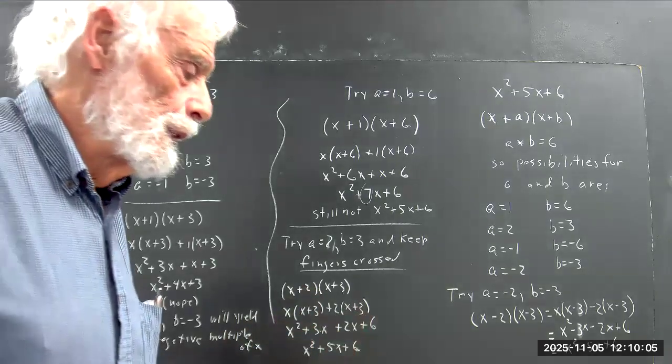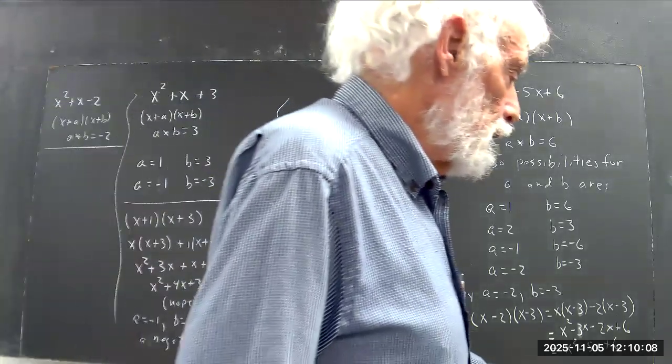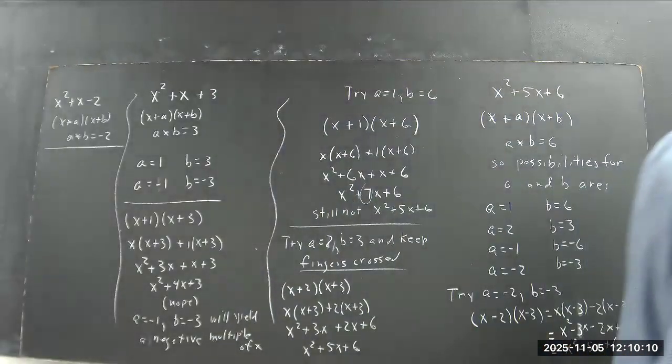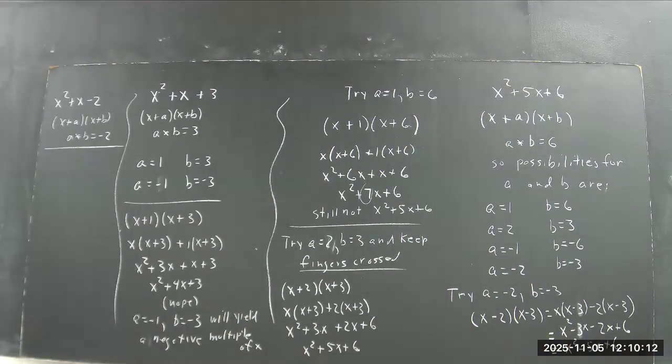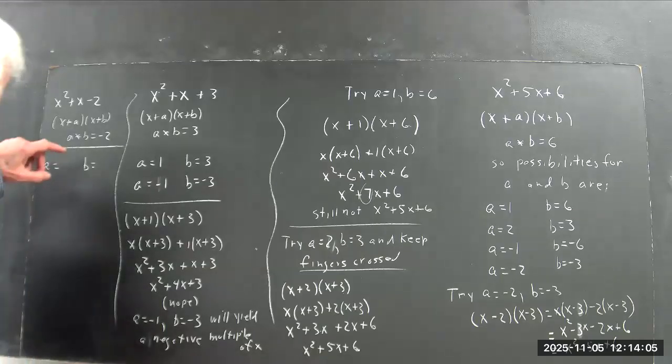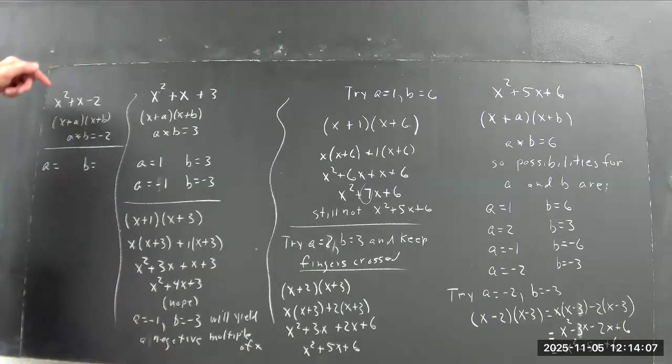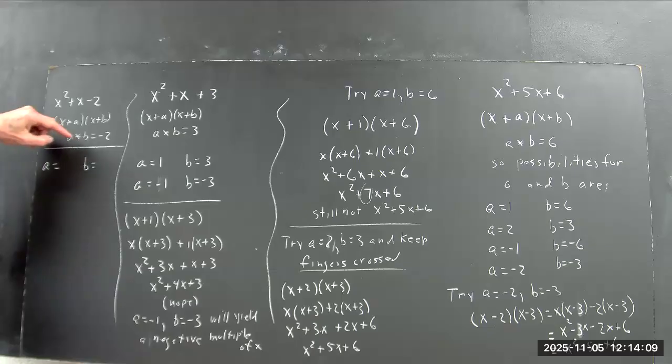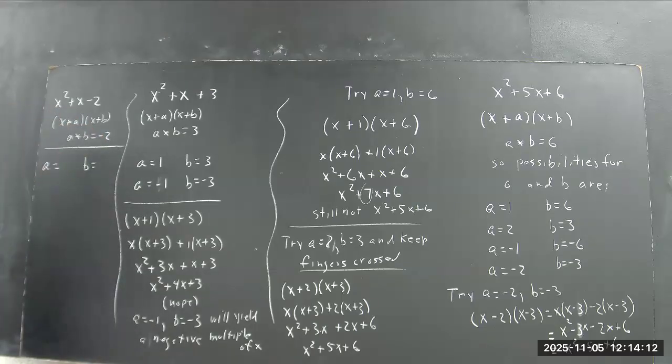So list the possible pairs of numbers for a and b that will give you -2. Now, we've got it down to where we've got to find a and b that multiply out to -2.